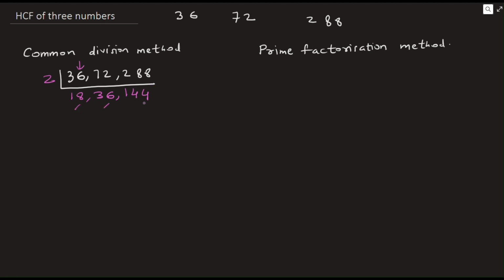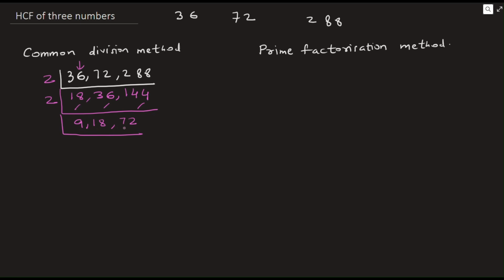Again, these three numbers have an even number at the units place, so the next prime number which divides them is again 2. 2 times 9, 2 times 18, and 2 times 72 equals 144.